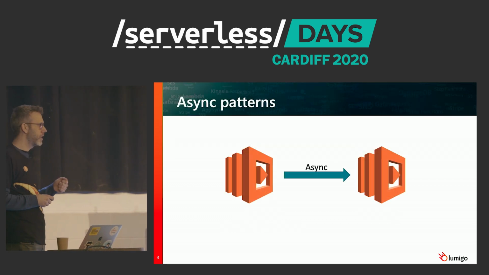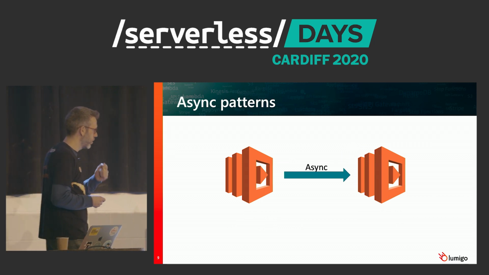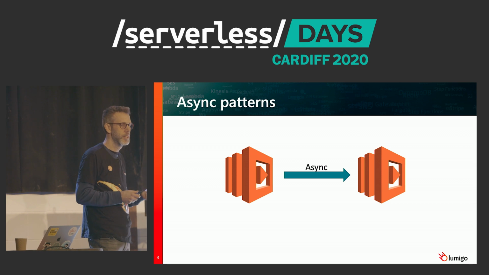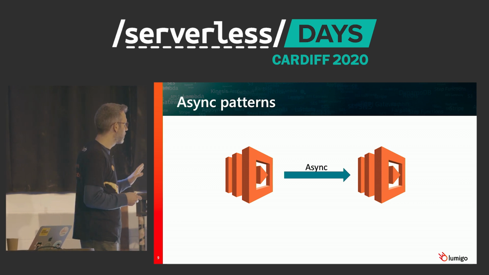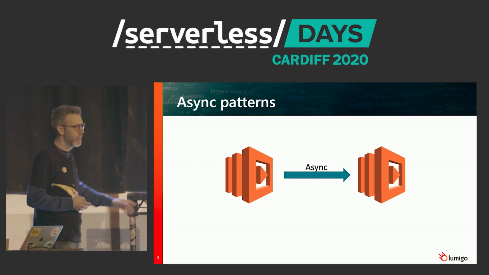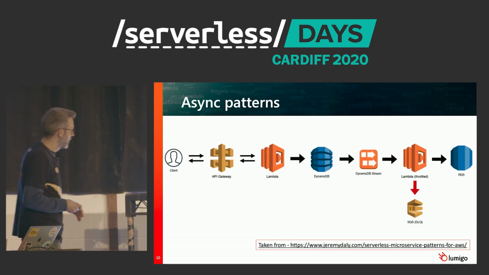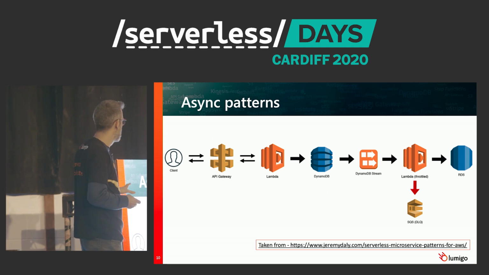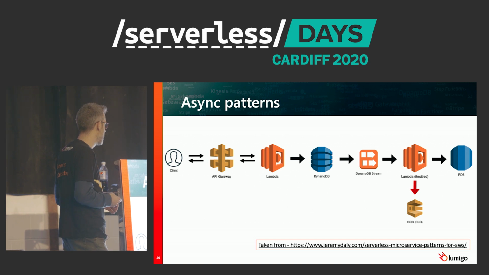Now, before we take a look at the example, I just want to say when I talk about asynchronous pattern usage in Lambdas, I'm not only talking about when one Lambda calls another Lambda asynchronously, I'm also talking about different patterns that we see. We have a lot of these patterns in AWS Lambdas, but in any serverless environment.